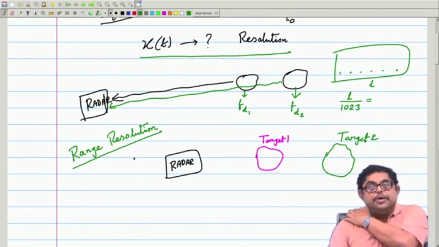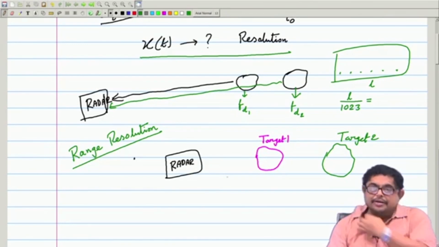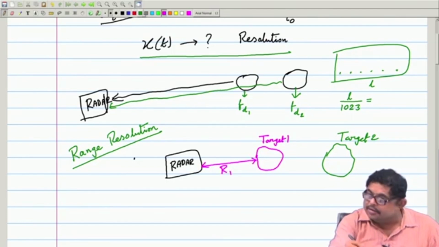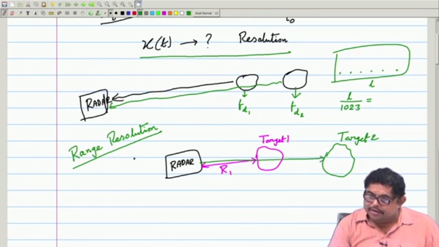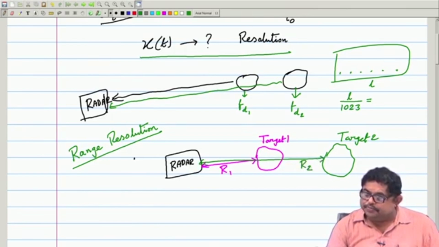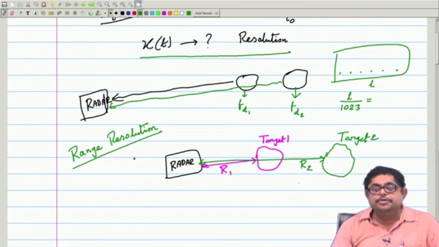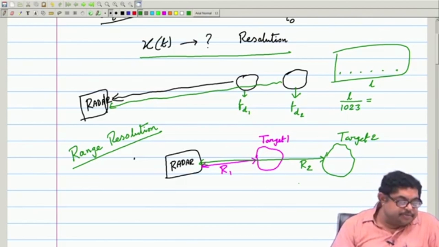So, they are not moving with time, but from the radar their ranges are, suppose this distance is r1 and this distance is r2, the two ranges, and since they are stationary, their Doppler shift is 0 for both of them.